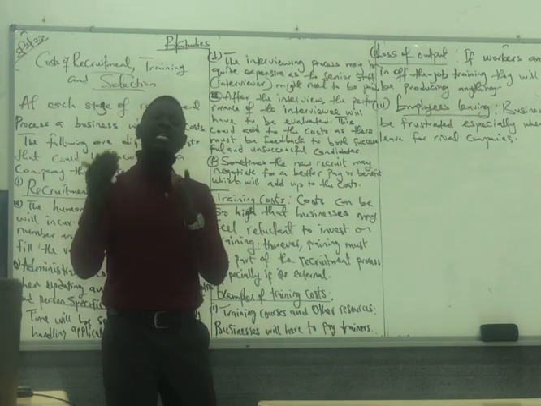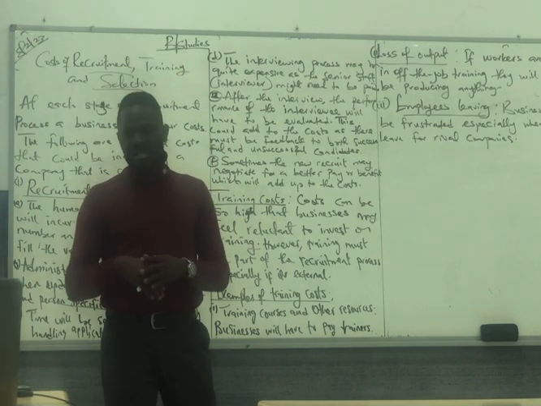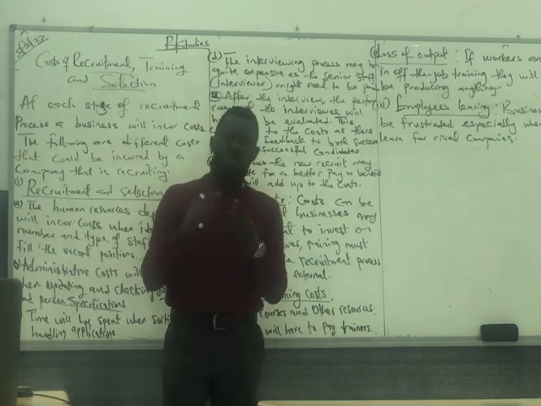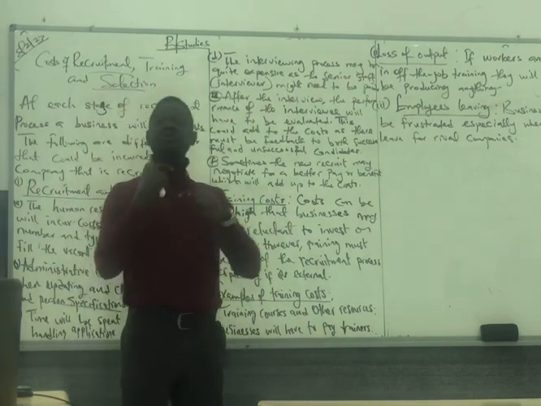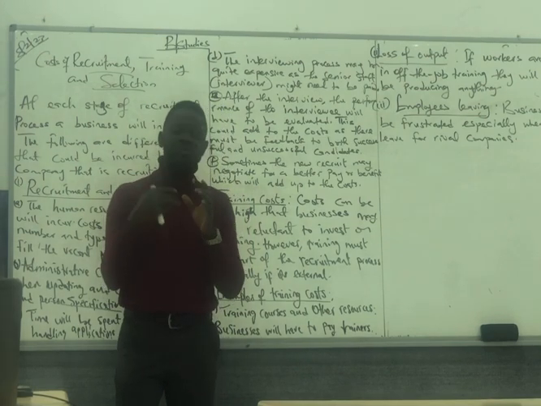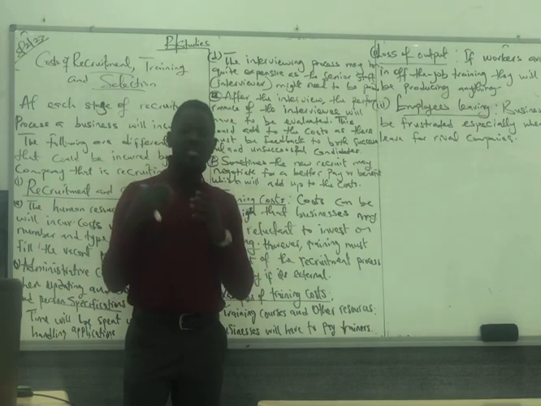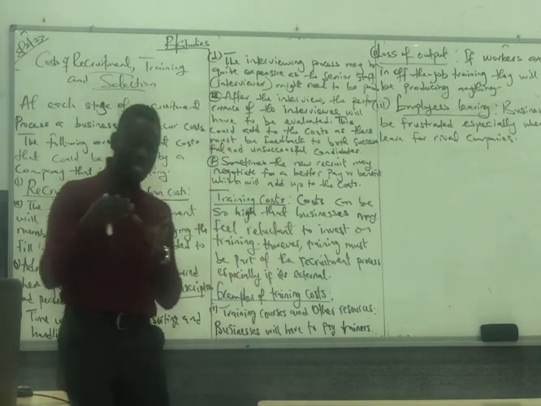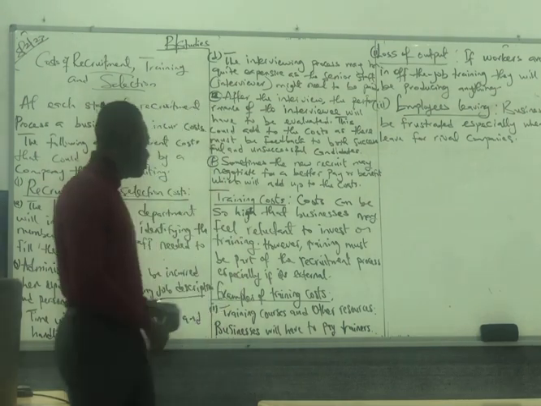Even the internal, that's on-the-job training, also incurs cost. So in the course of training newly recruited workers, the business will incur cost, either with off-the-job or on-the-job training. Remember, off-the-job training is training that takes place outside of the business, and on-the-job training is training that takes place within the premises of the business.